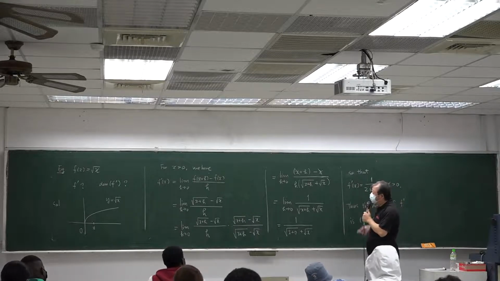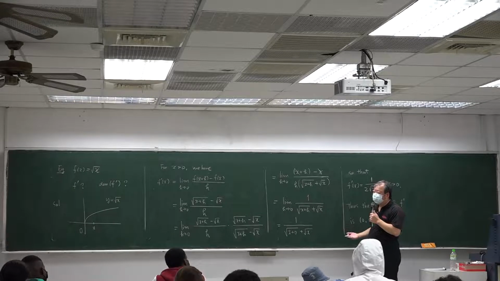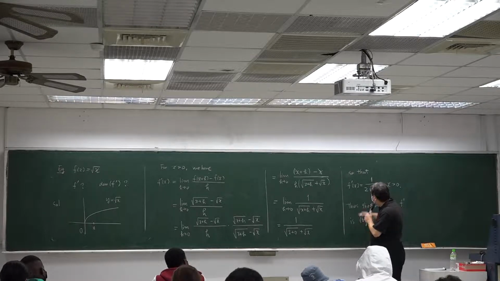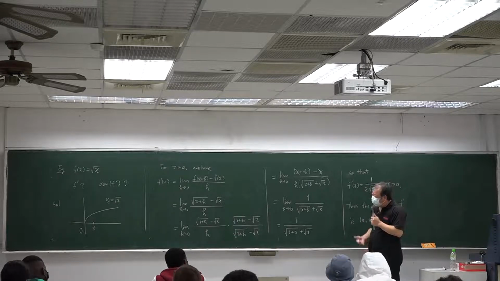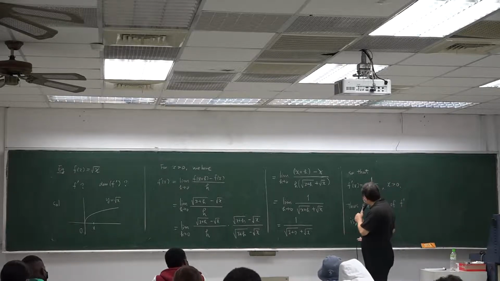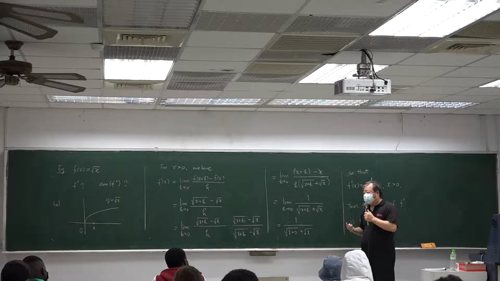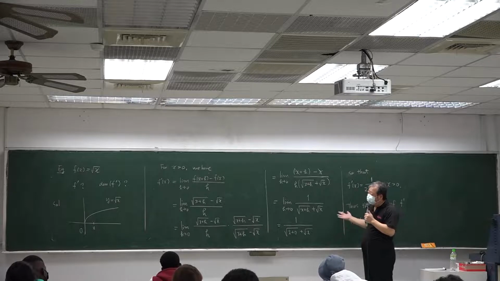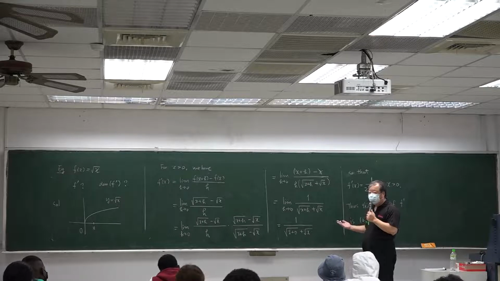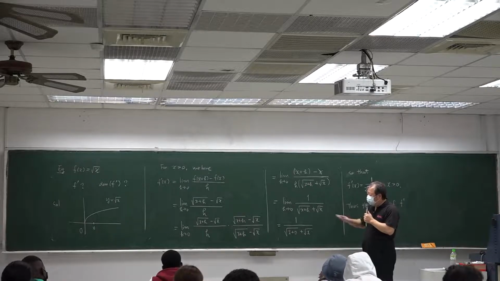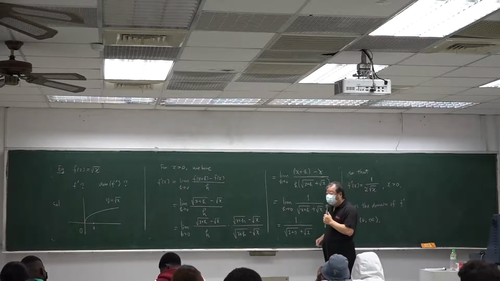So the original one may be called the first order derivative, and the derivative of f may be called the second order derivative, and so on, or simply first derivative, second derivative, with the order omitted.